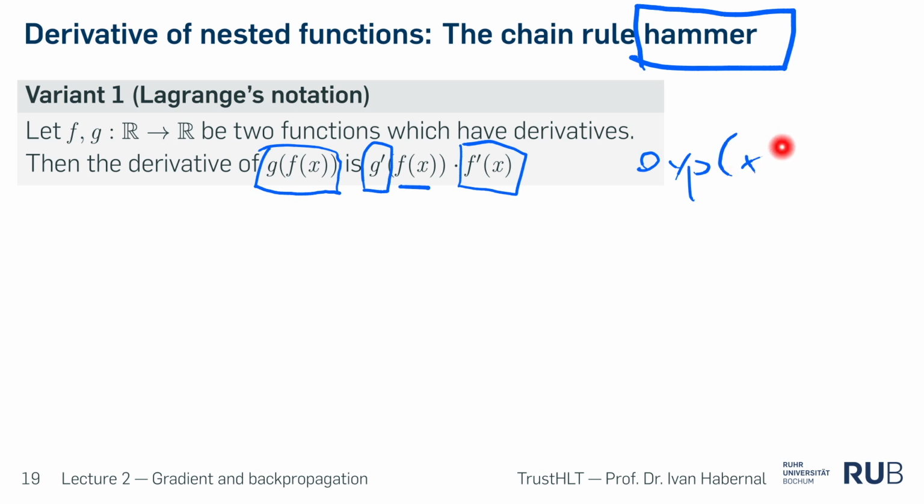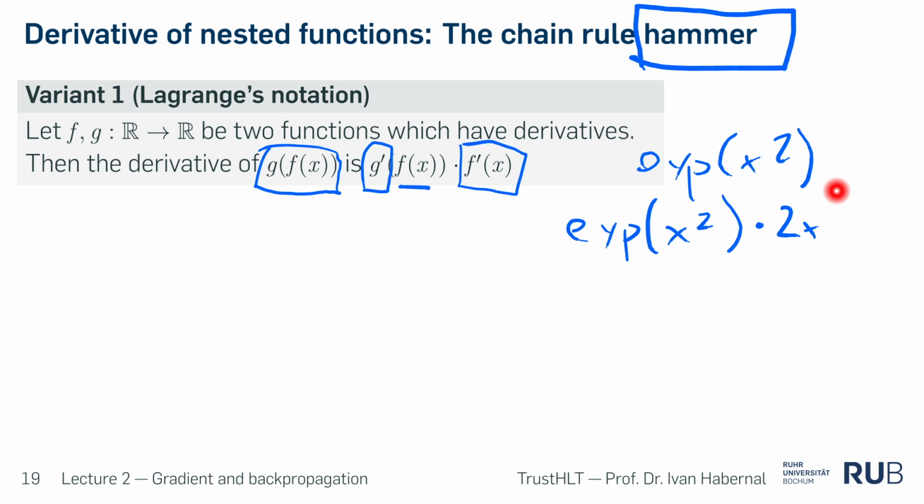For e to the x squared, you start with the derivative of the exponent function, which is itself. So it's going to be exp evaluated at the input, which is x squared, times the derivative of the inner, which we had already, 2x. Oh, excellent. Chain rule.